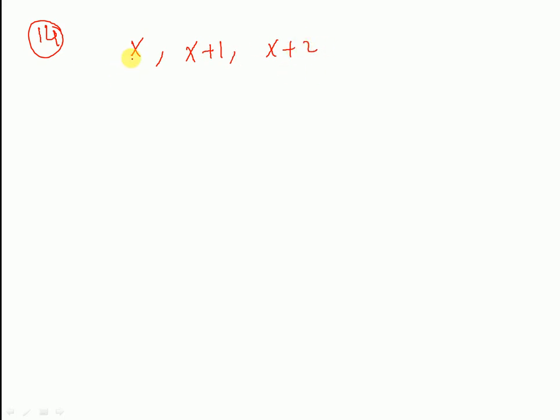So the sum of the squares of the 2 smaller means this number squared plus this number squared is equal to the square of the largest number. Now, the remaining task is to solve for x.